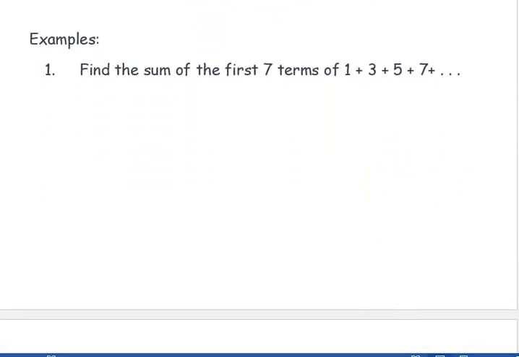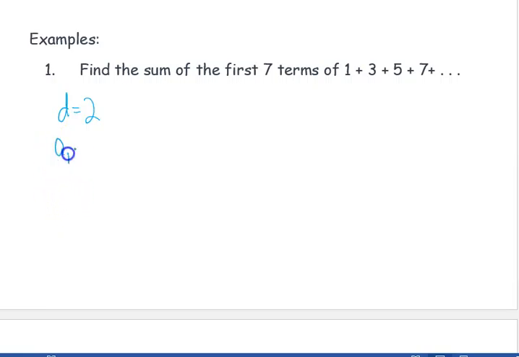First one: find the sum of the first 7 terms of 1 plus 3 plus 5 plus 7, and it continues. They didn't give us the 7th term, and I'm going to need it because this is arithmetic. I'm adding 2 to get to the next spot, so the difference is 2, even though that's not in my formula for a sum.